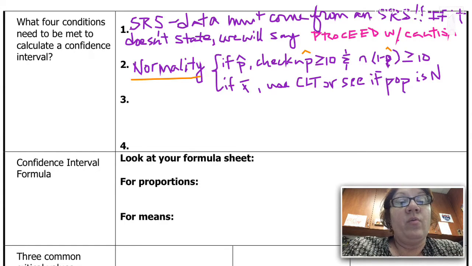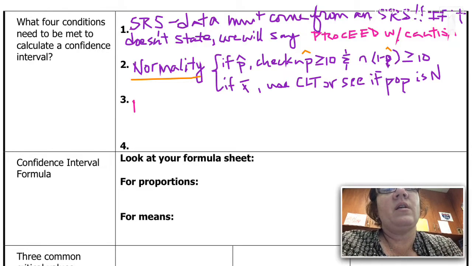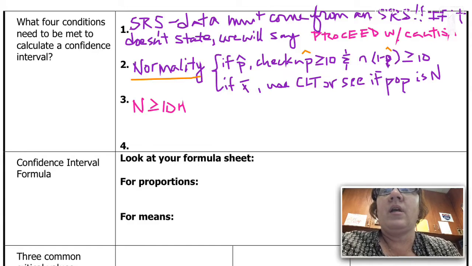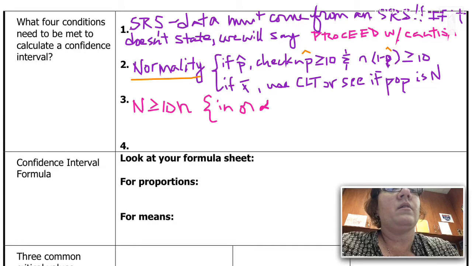And then of course the third one is our checking to see if the population is greater than or equal to 10 times the sample size. In other words, I don't want to oversample, and we use this every time we actually calculate the standard deviation.